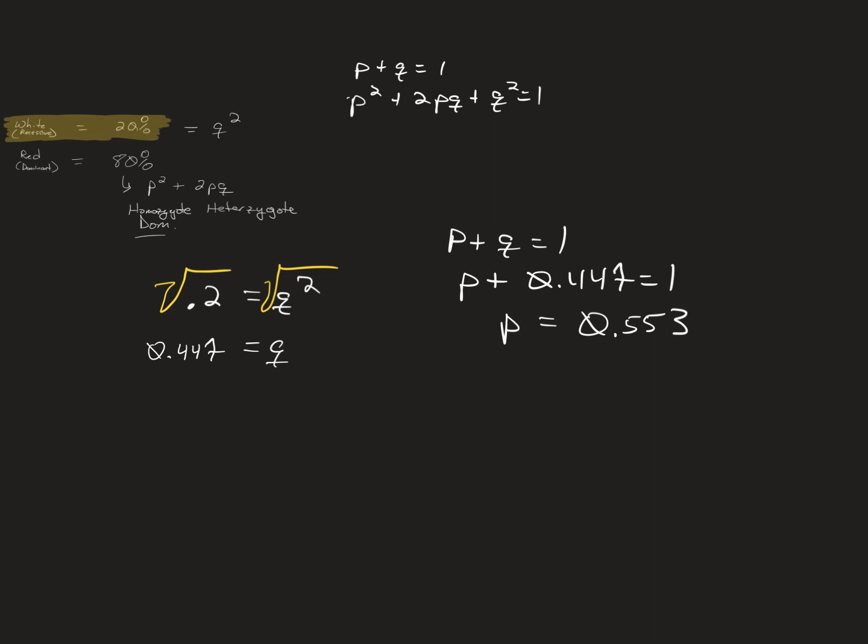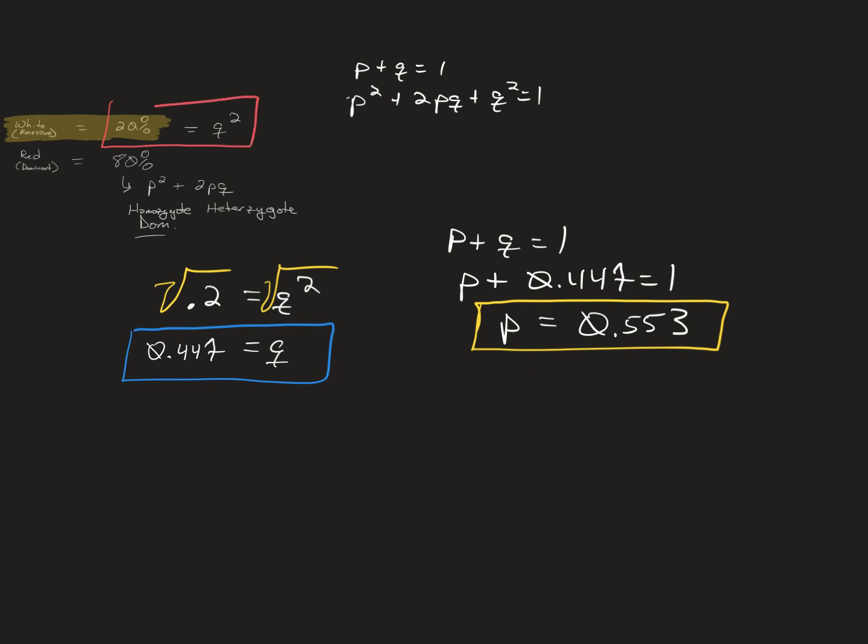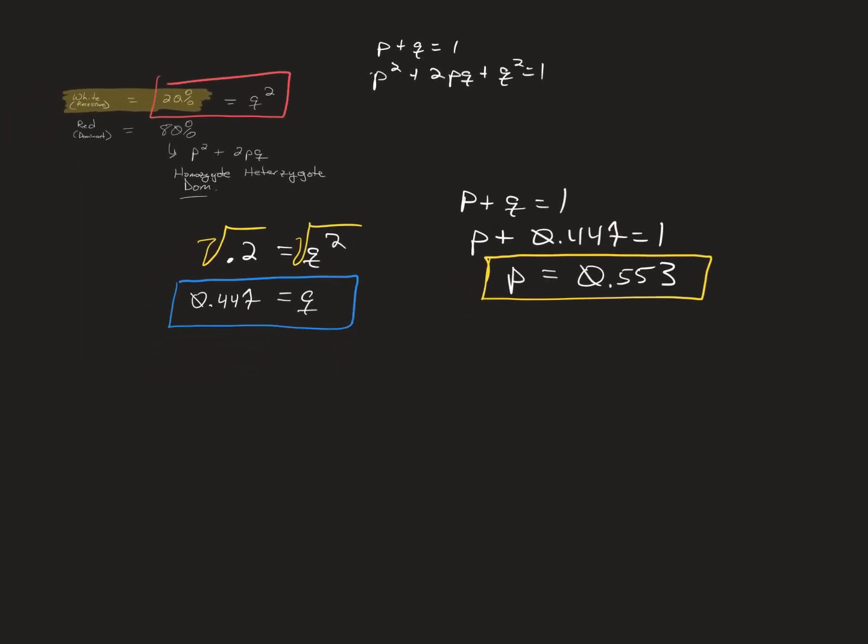The best thing you can do for yourself is highlight key terms, key equivalencies. So P is that. I know Q is this over here. I got P and Q. I knew Q squared is here, is 0.2. So I got 3 equivalencies so far.